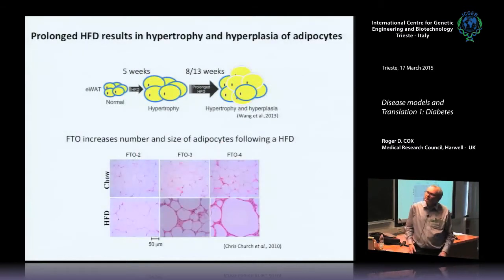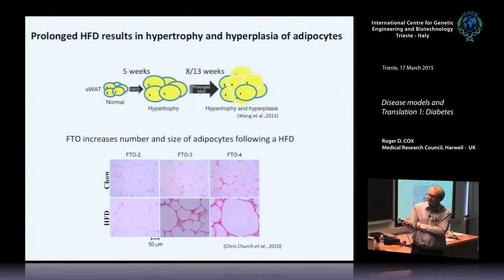So prolonged high-fat diet results in both hypertrophy and hyperplasia. If we look at these fat cells here, if we put them on a high-fat diet for 5 weeks, the fat cells fill up with fat. If you keep feeding them a high-fat diet, not only do they fill up with fat, but you get new cells as well. So you get hypertrophy and hyperplasia.